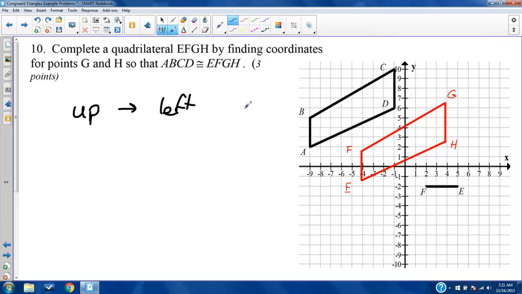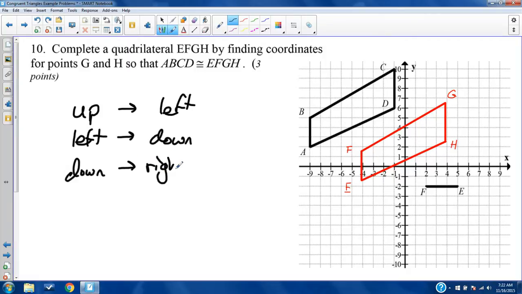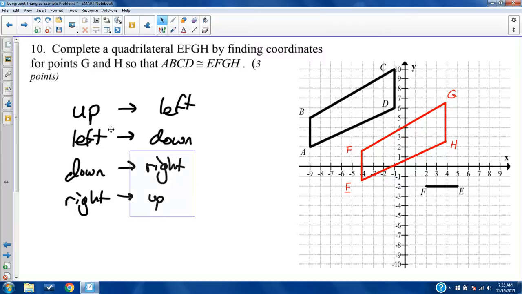Whatever went left is now going down. What I'm talking about is in terms of slopes. I can figure out how much rise, how much run should go based on what's congruent. Whatever was going down is now going right. And whatever was going right is now going up. They're all rotating 90 degrees counterclockwise from where they were previously going.